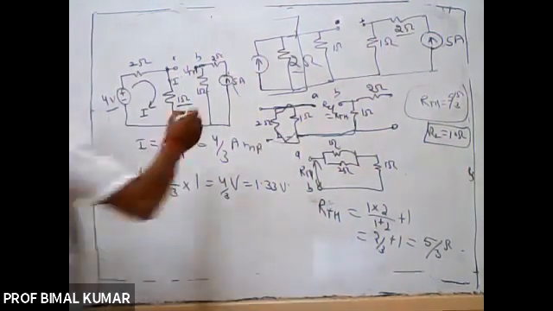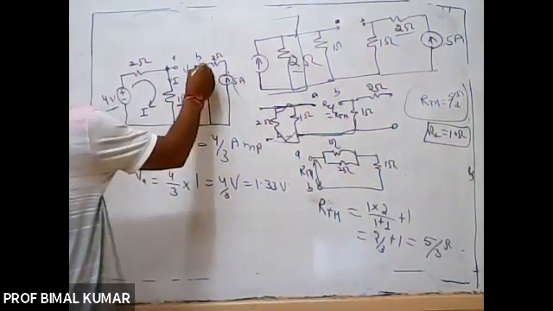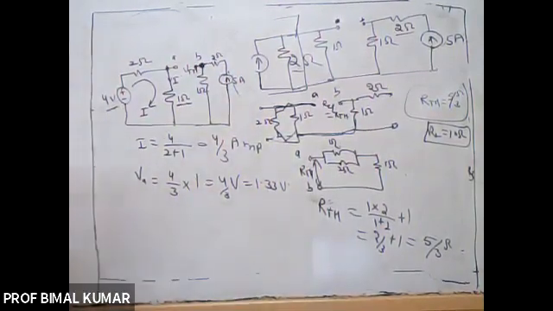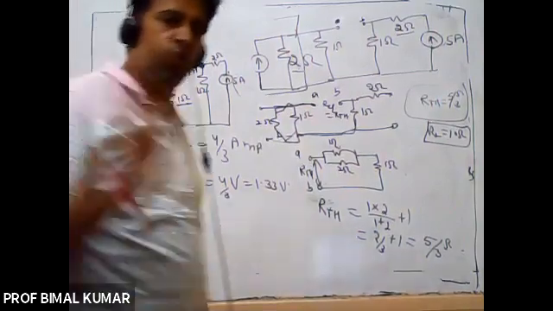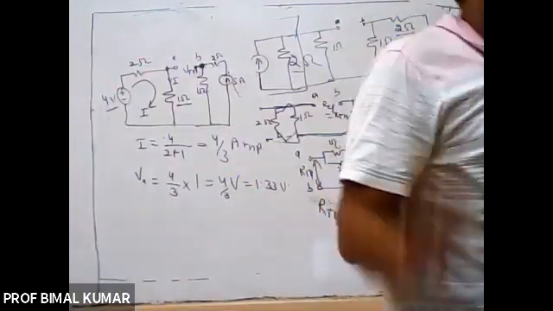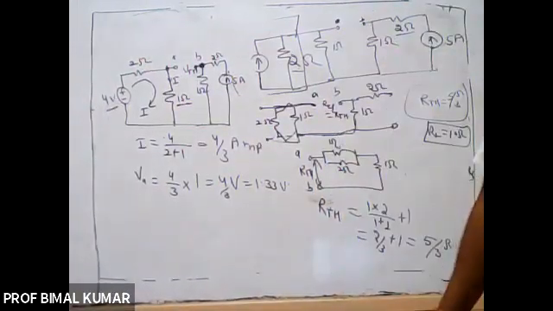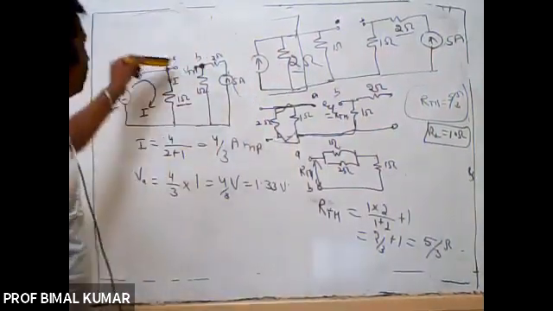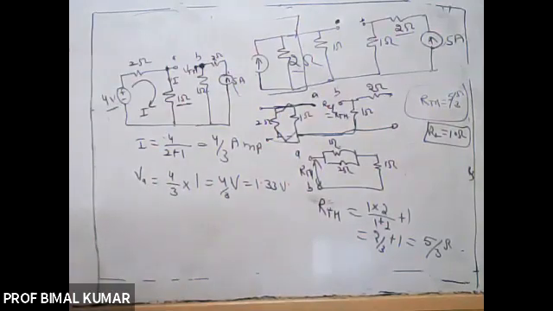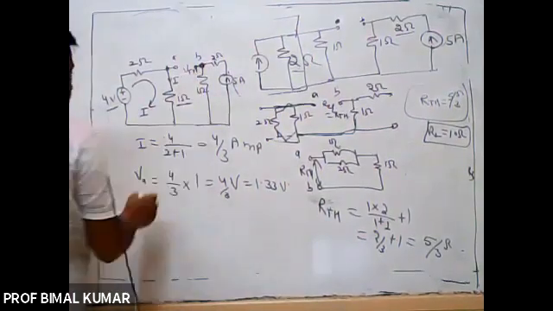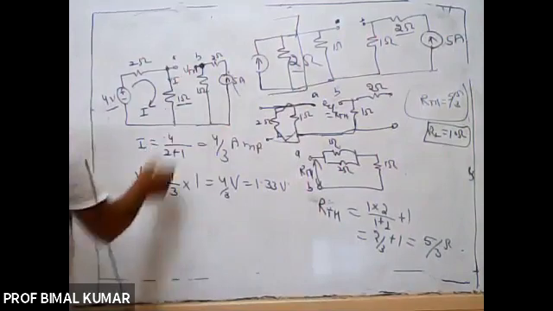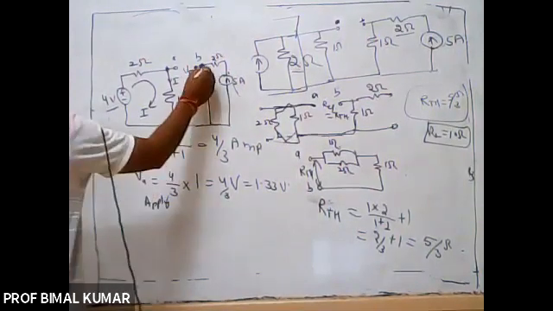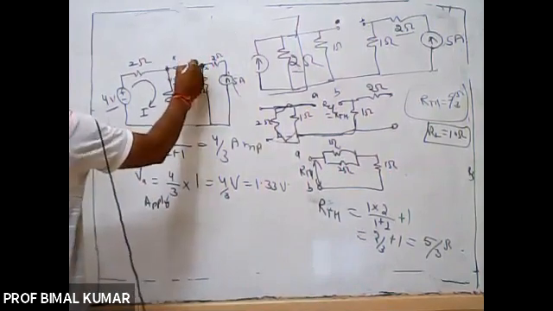Now see here, wherever we have a voltage source, we prefer to use KVL, and wherever we have a current source, we prefer to use KCL. So at this node, apply KCL. Let us suppose this is node X, because I am taking this as the B terminal.